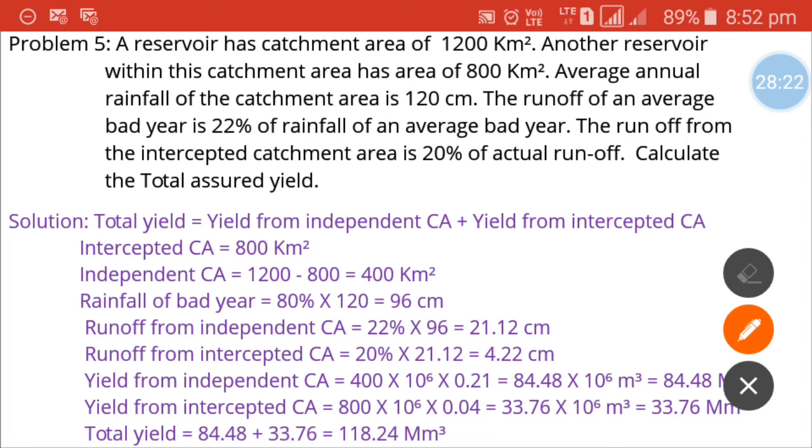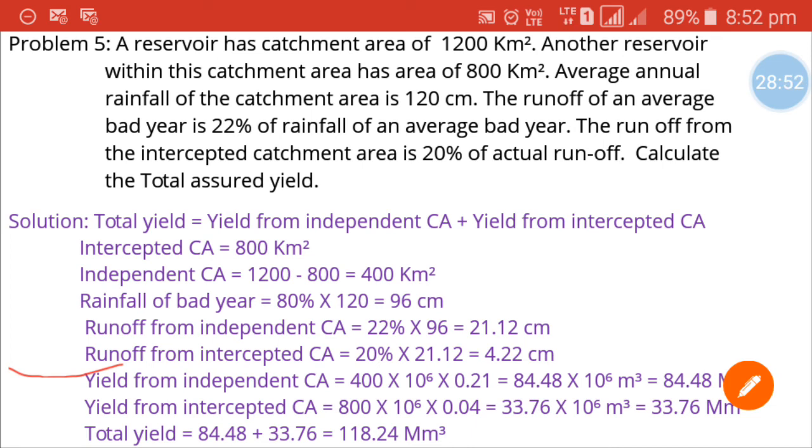First we will calculate the yield for the independent catchment area. The independent catchment area is 400 square kilometer, multiplied by the runoff from the independent catchment area. So 400, which is in square kilometer, is to be converted into square meter. So 400 into 10 to the power 6, multiplied by runoff, which is 21.12 centimeter.